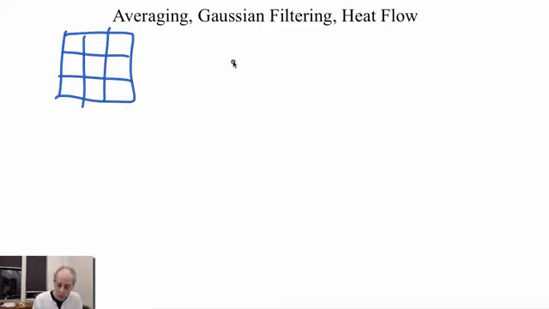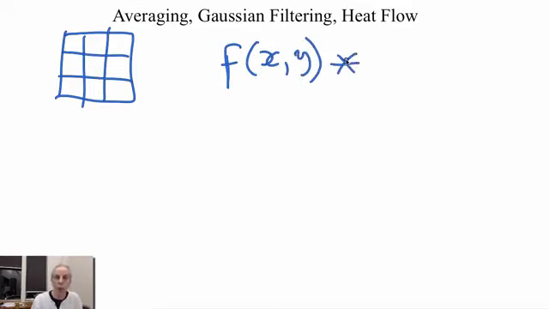The basic idea is that we take our image, I(x,y), and we convolve it with a filter. Let's convolve it with what's called a Gaussian filter.